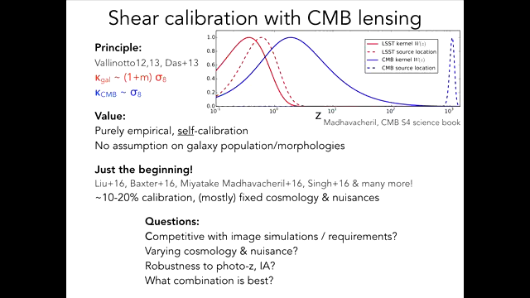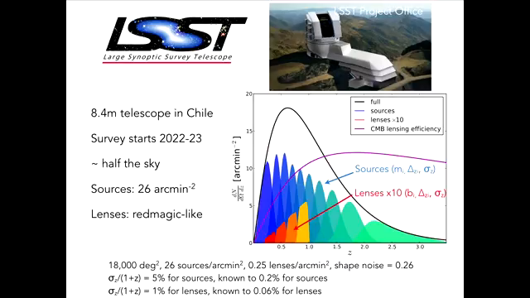So let me now give you some quick details about this experiment, just so you have an idea of what we're doing. This is the Large Synoptic Survey Telescope. And what I'm showing here is just as a function of redshift, the distribution of your galaxies. The bumps that you see in green and blue are the source bins. That means the bins from which we measure the shear by estimating the shapes of these galaxies.